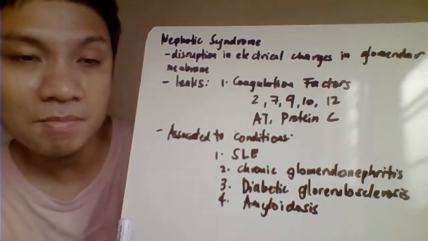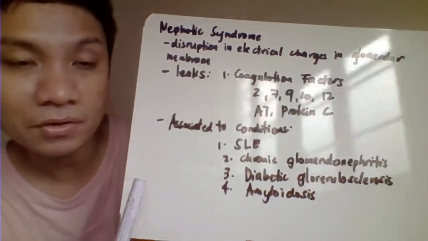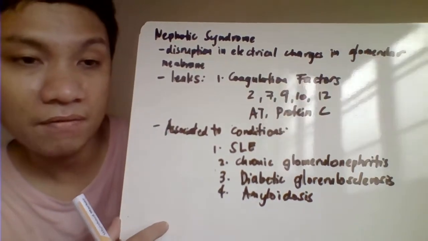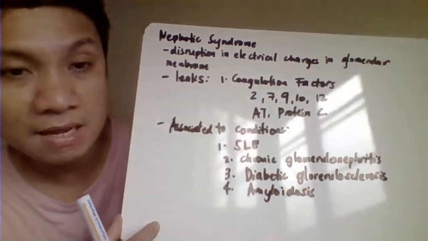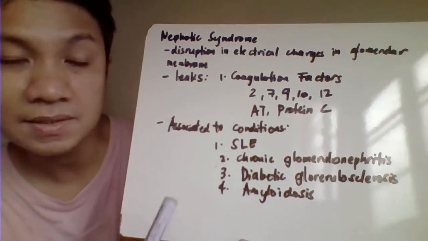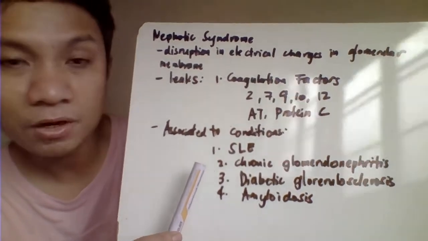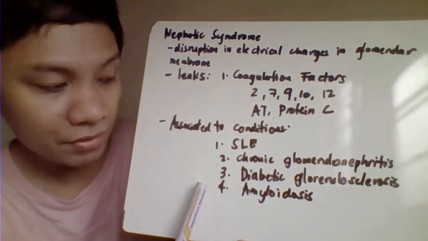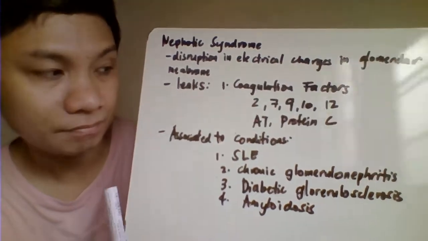The coagulation factors that leak out related to nephrotic syndrome include factor 2, factor 7, 9, 10, 12, antithrombin, and protein C. And this nephrotic syndrome may be related to problems like your SLE, chronic glomerulonephritis, diabetic glomerulosclerosis, and we have also here your amyloidosis.